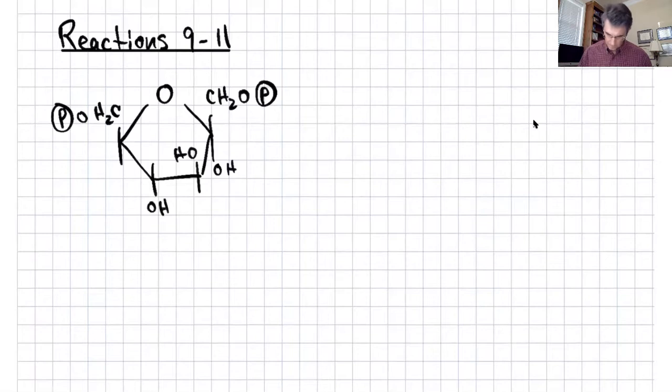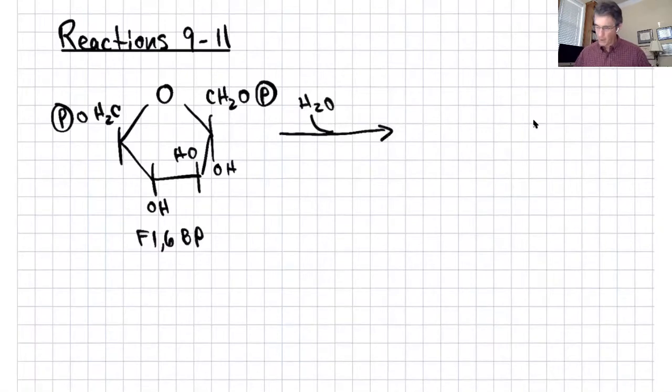Fructose 1,6-bisphosphate. Okay, so what we need to start doing is peeling phosphate groups off, right? So this is pretty straightforward stuff. We're going to basically use some water here to now clip that 6-phosphate bond, that phosphate ester on that 6-hydroxyl.